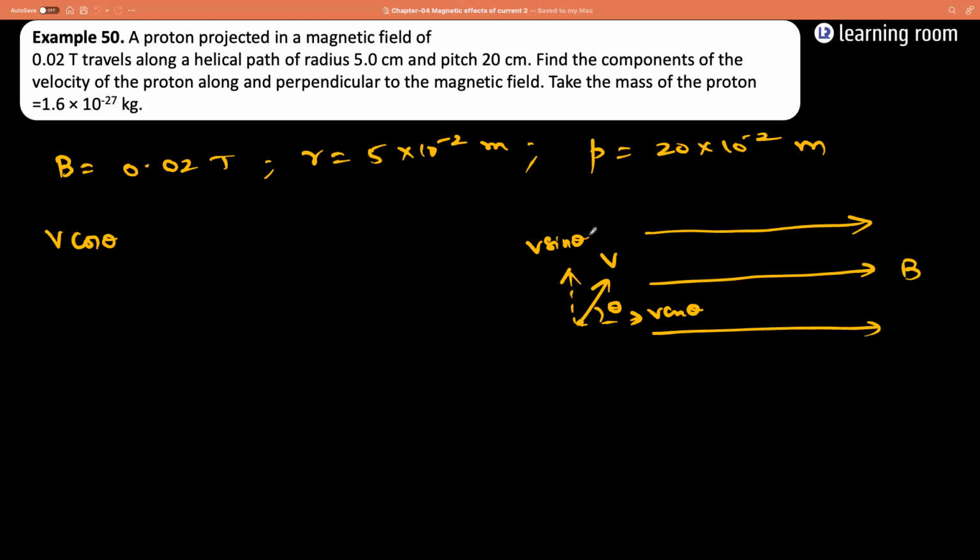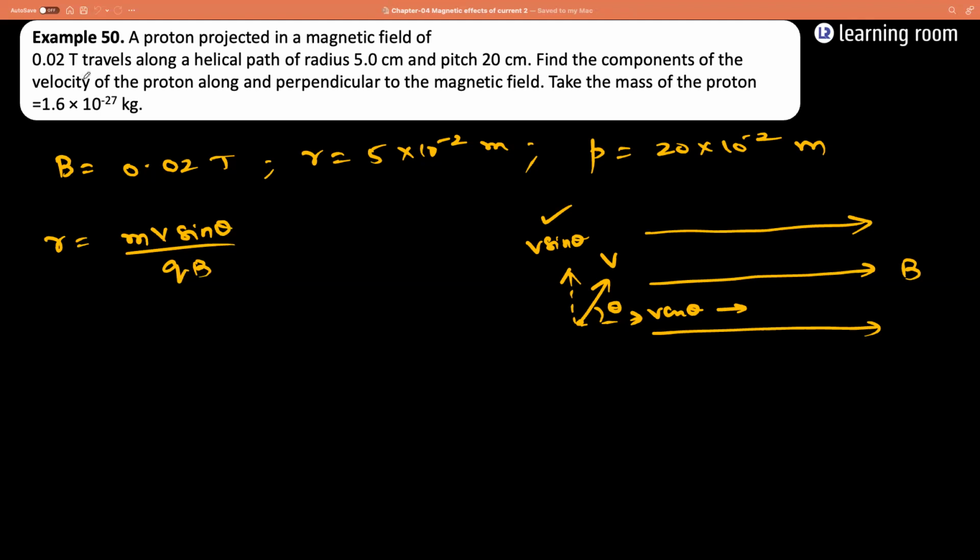Accepted? So this V cos theta is a component which is going to keep the particle in the direction of the magnetic field. And V sin theta will be a component which will put the charged particle into a circular path. Accepted? So the radius of the circular path is decided by the perpendicular component of the velocity. So R will be equal to mv sin theta divided by qB.